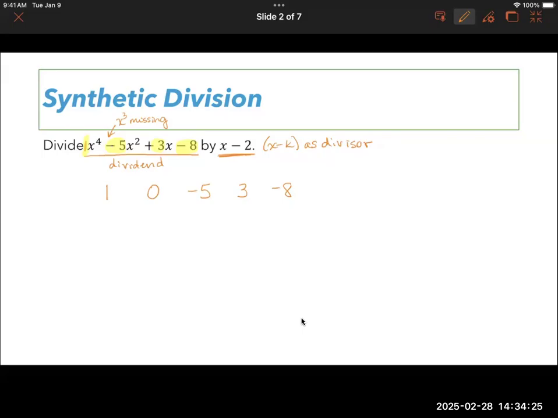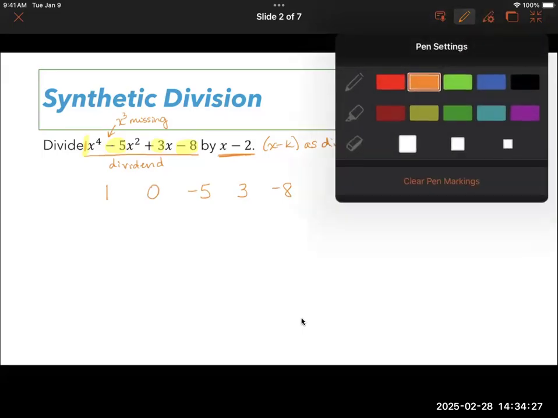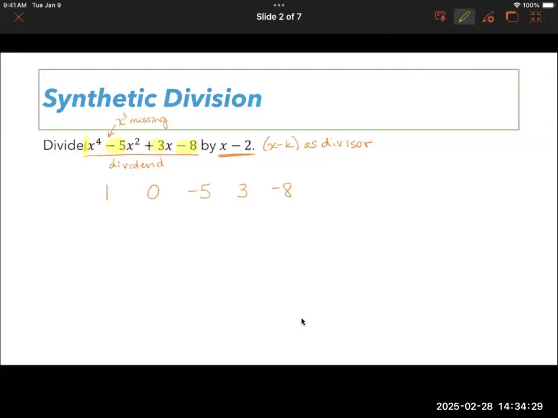And then from our divisor, we are going to take the k value and put it out here in a little half box. Again, notice the form of the divisor should be x minus k. So an x minus 2 divisor means that our k value is just 2. The minus is part of the actual form that we want.